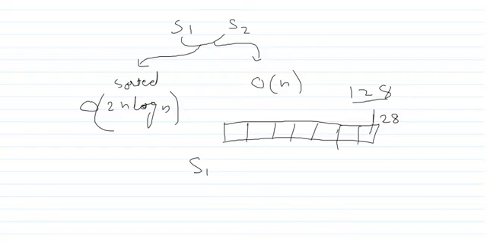So first time we iterate on string 1, and second time while we are iterating string 2, we subtract the character count in the same array, right? For s1 string we will do plus plus, and while we are iterating over s2 string we will do minus minus, and in the same iteration we will make sure that the character count at any given position doesn't go below 0.